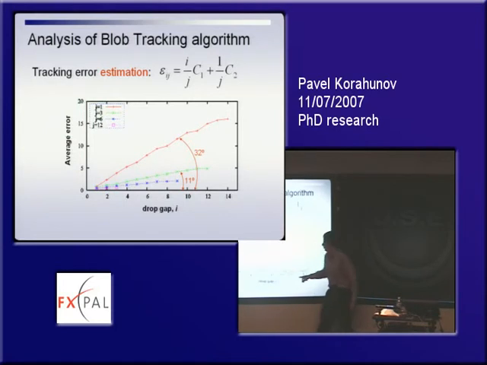We did the same experiments for the tracking, where we plot the drop gap on the x-axis and the error on the y-axis. What you can see here is that when we increase the drop gap, the error grows, because the frame differencing becomes bigger and the blob grows. When you differentiate frames which are far apart, the resultant blob will be bigger than if you differentiate frames which are nearer together.